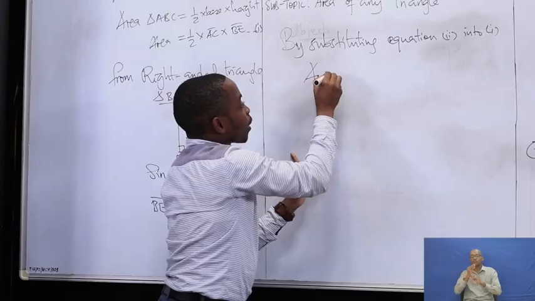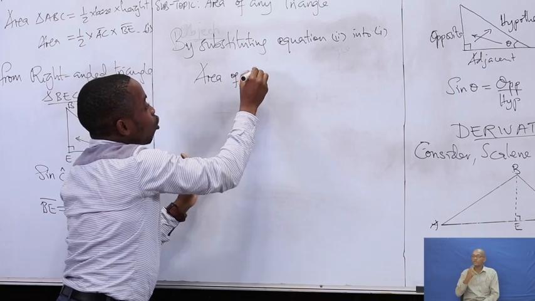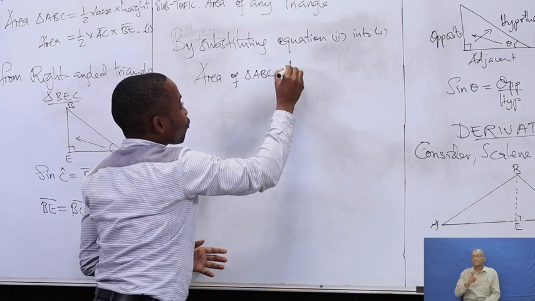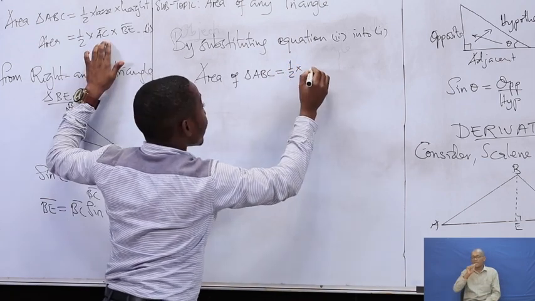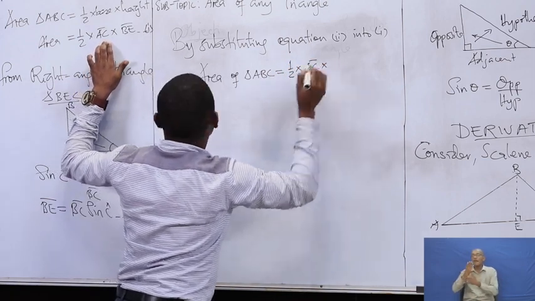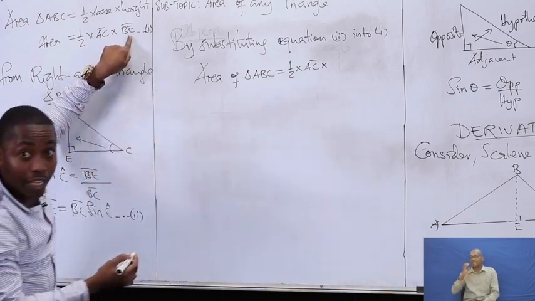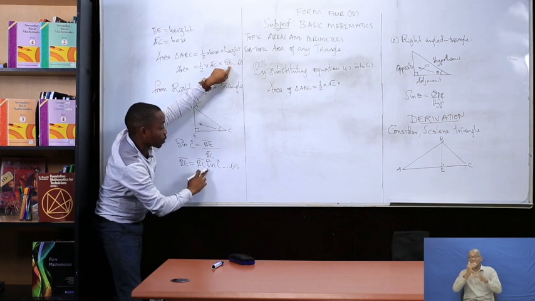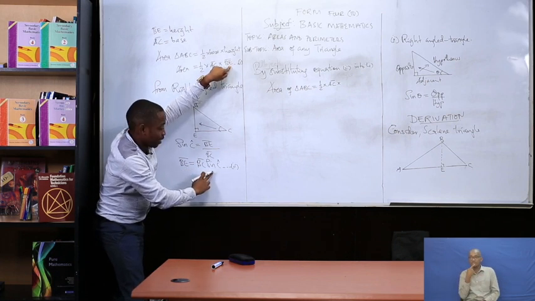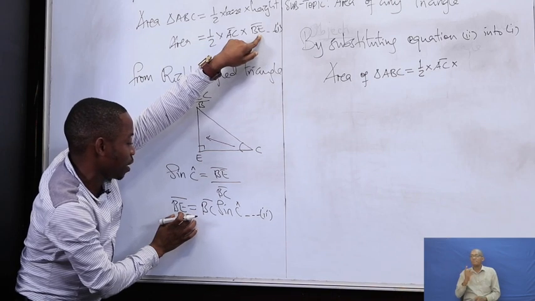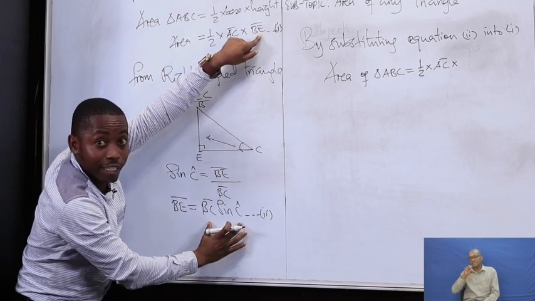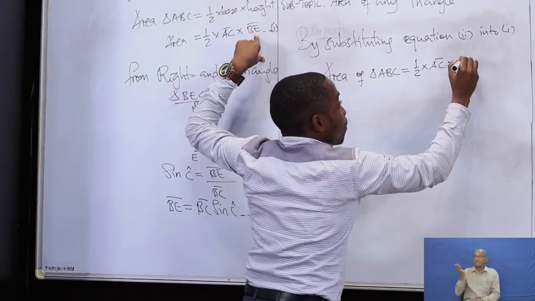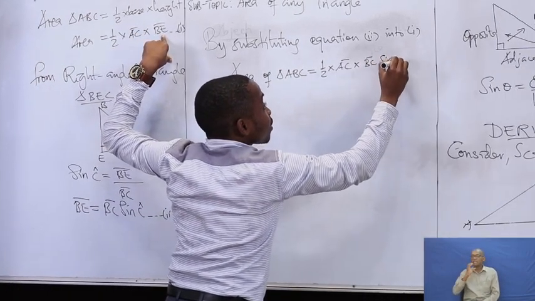The total area of triangle ABC will be equal to a half times our AC value multiplied by BE, where BE is BC multiplied by sine C. So instead of writing BE, we write the whole thing here, BC sine C. What are we going to get? Write it there. It will be BC sine C.